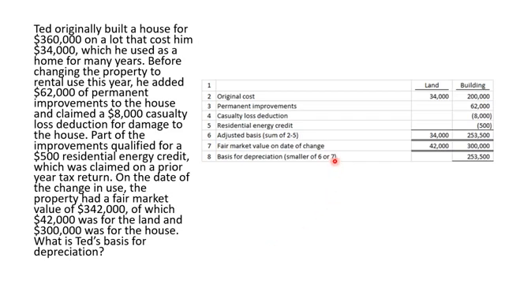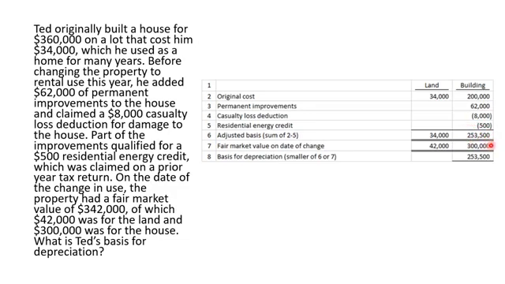Well, the basis for depreciation will be the lower of the adjusted basis or the fair market value for the building. We ignore the land for depreciation purposes. We do not depreciate land. So, adjusted basis of the building: original cost, add the improvement, subtract the casualty loss, subtract the credit, $253,500.